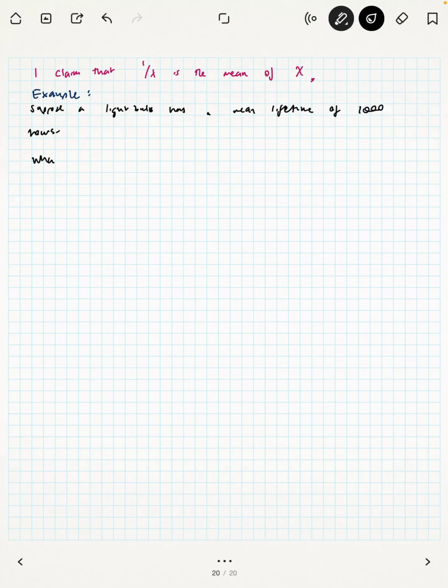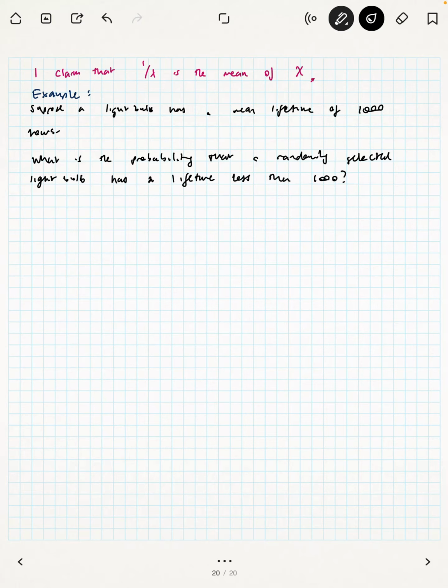What is the probability that a randomly selected light bulb has a lifetime less than 1,000 hours?